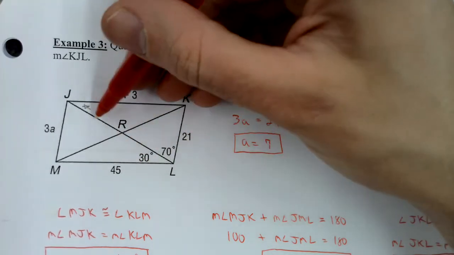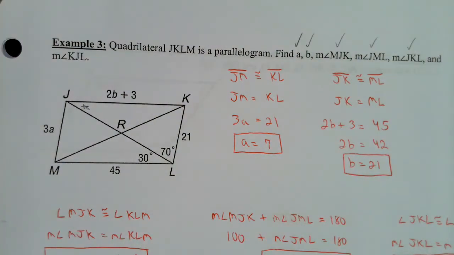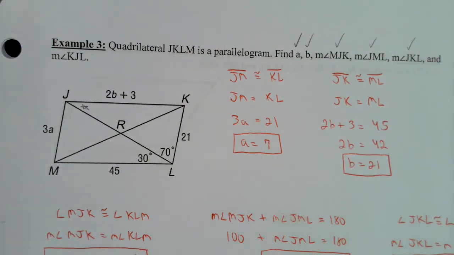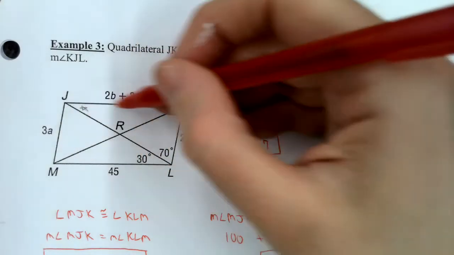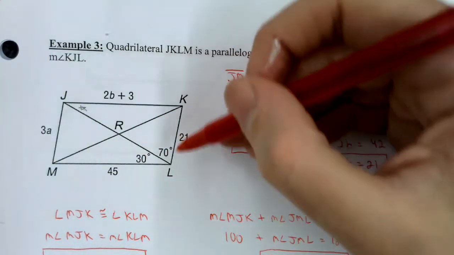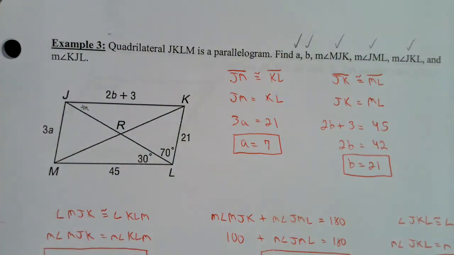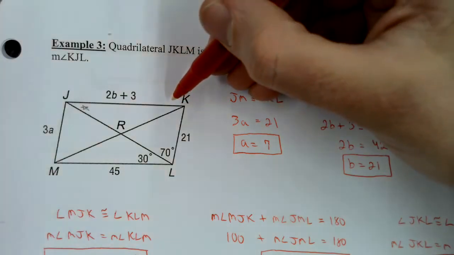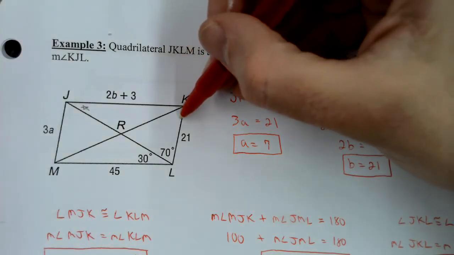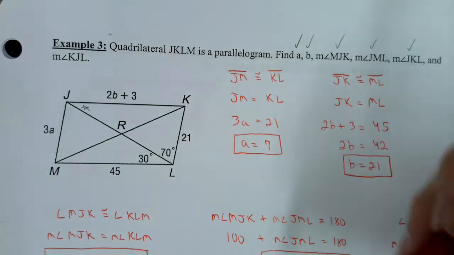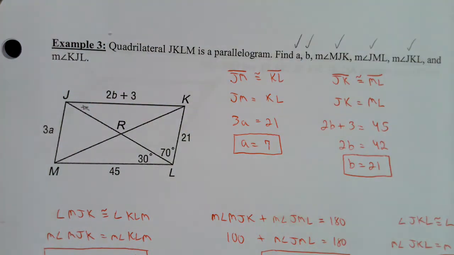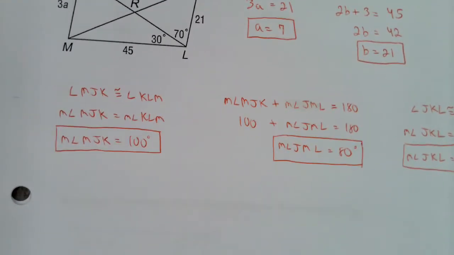So they're each going to be 30. Or if you look at this triangle on the top, this angle down there is 70. JKL we just got was 80. 70 plus 80 is 150, which means that has to be 30.